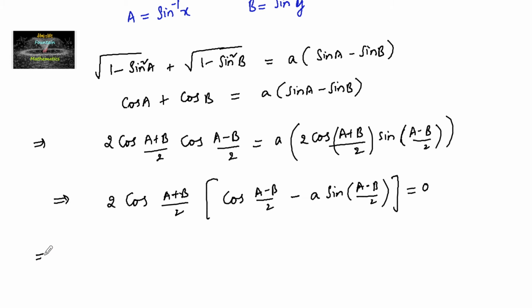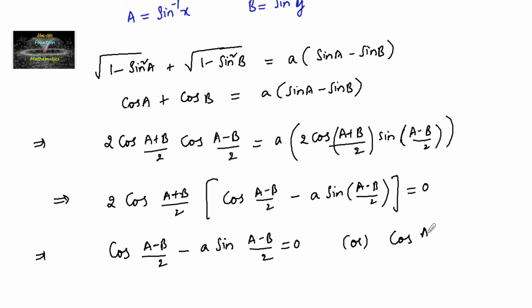And so we get cos of a plus b by 2 is equal to 0, or cos of a minus b by 2 minus a times sin of a minus b by 2 is equal to 0.